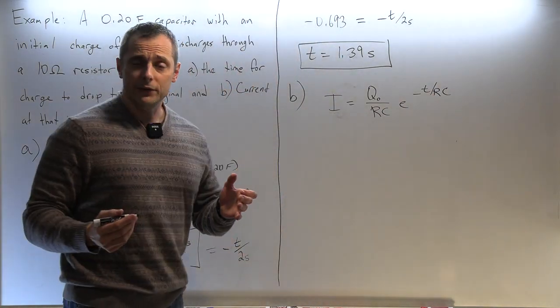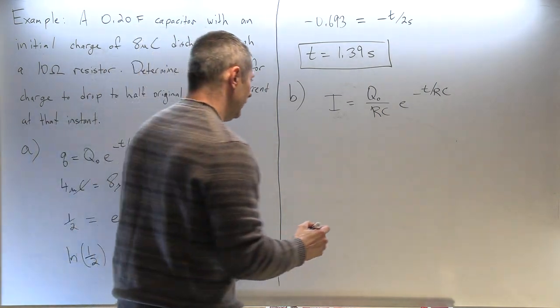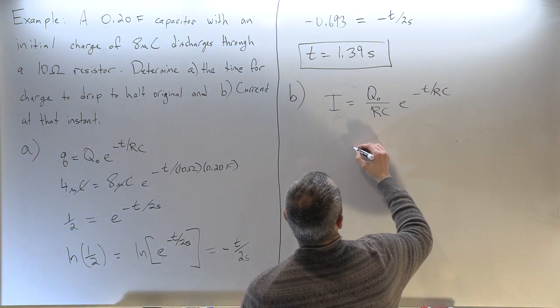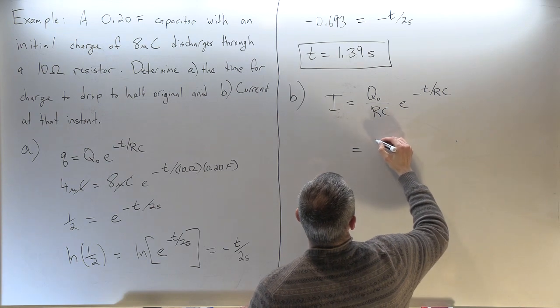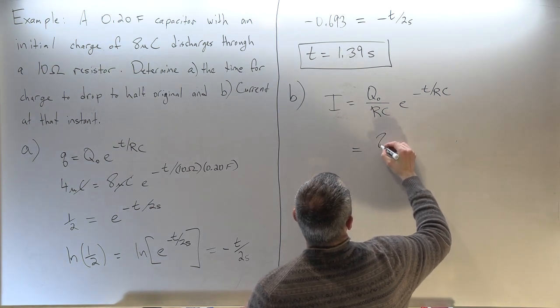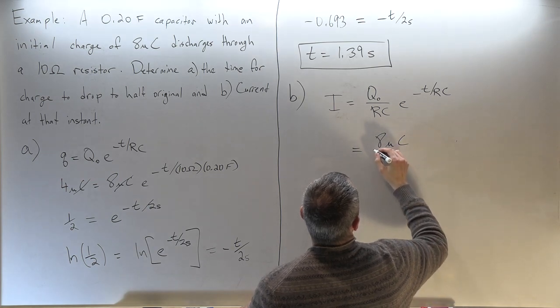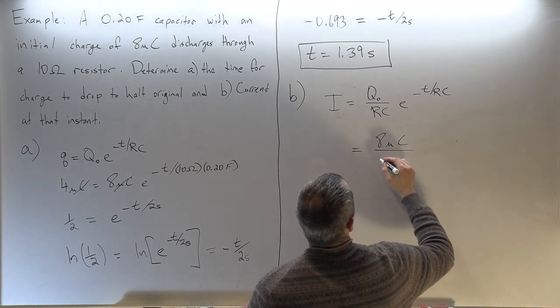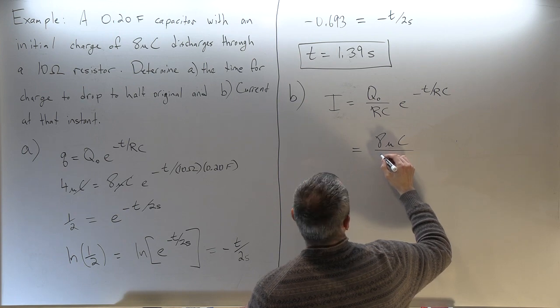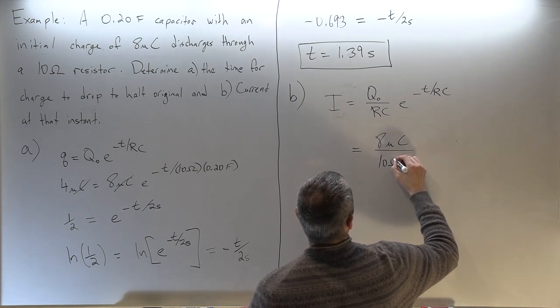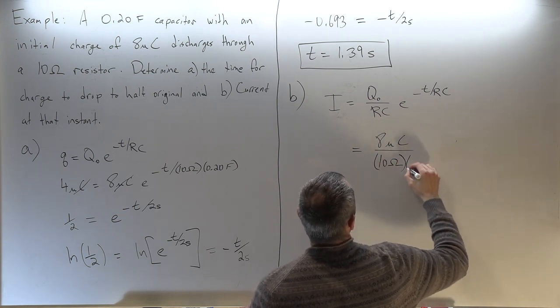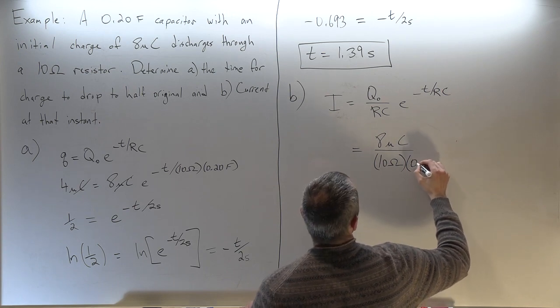Now I just have to plug everything in and churn on a calculator. So I can plug in my Q0, which is 8 microcoulombs. You know what? I could leave it that way. We'll see how if we leave the micro in there. The R is 10 ohms. The C is 0.2 farads.